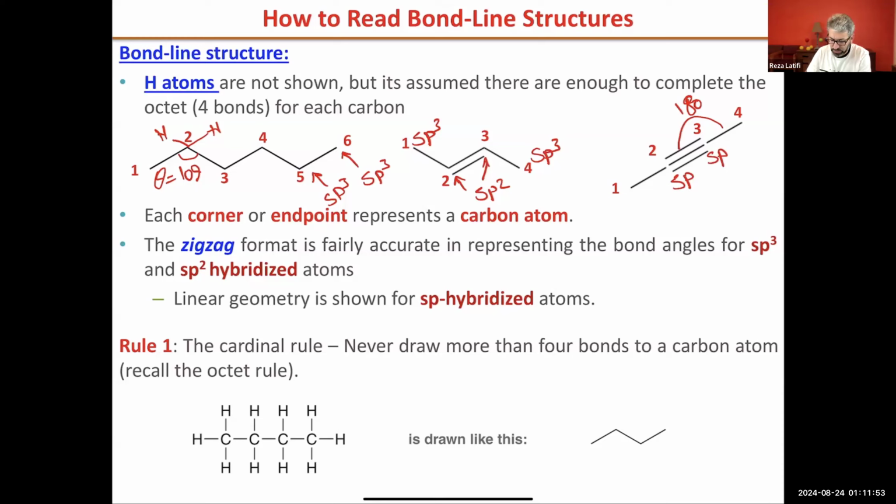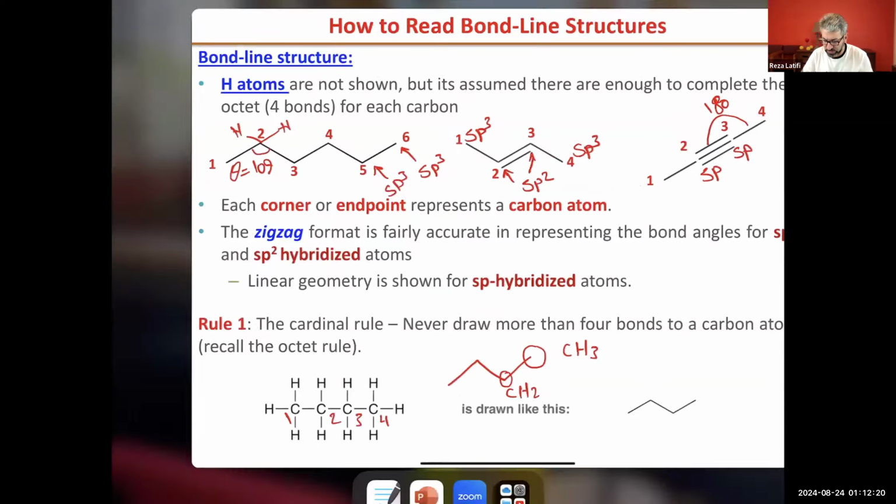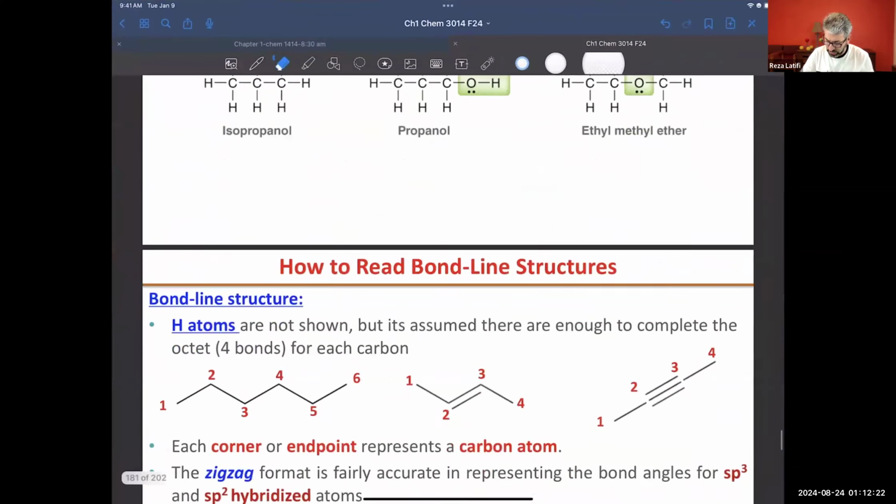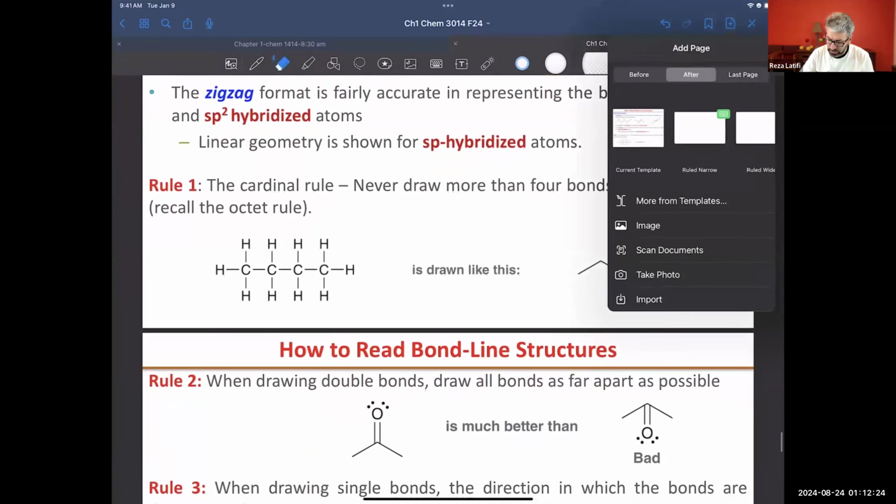We're going to start from here. We have 1, 2, 3, 4 carbons. So I draw 2 carbons, then go down to 3, and that's the 4th carbon. The terminal carbon represents CH3. Any carbon in the middle represents a carbon with 2 hydrogens. Let's write them out in more depth.